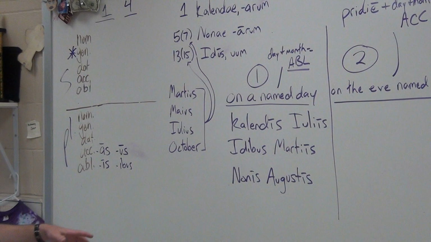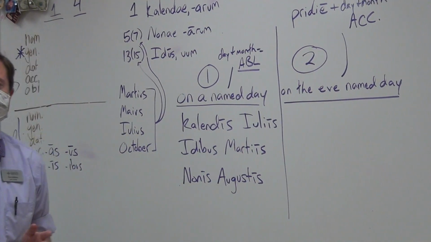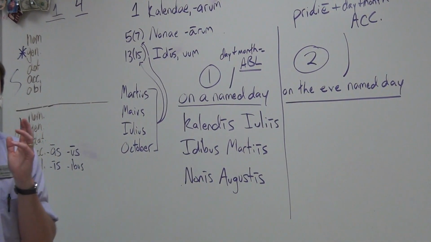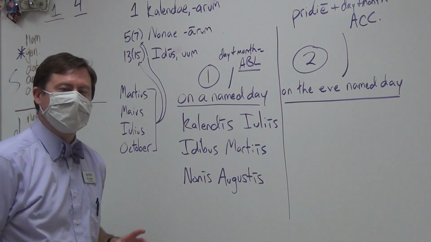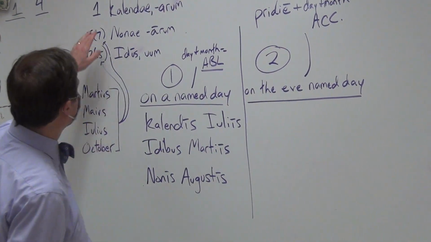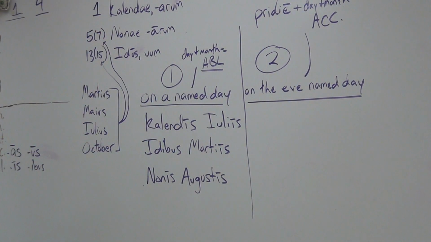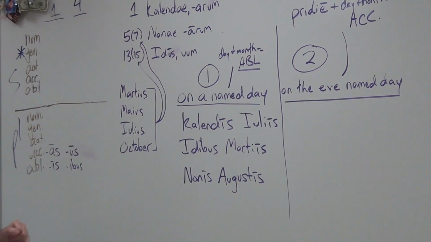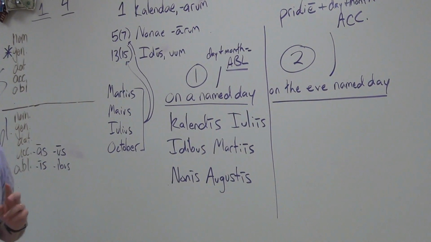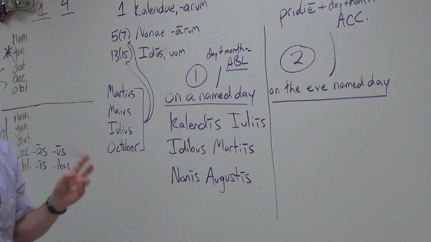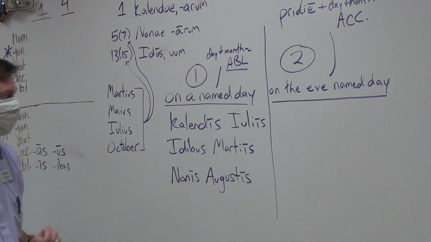So let's talk about, for example, Halloween. Halloween falls not on one of these days, but Halloween does fall on a day immediately before one of these days. And which day does Halloween fall before? It falls before the calends.